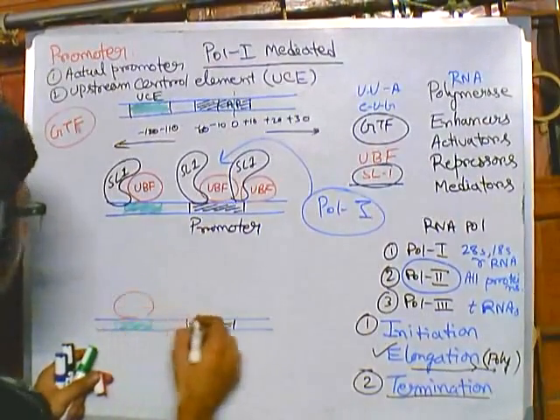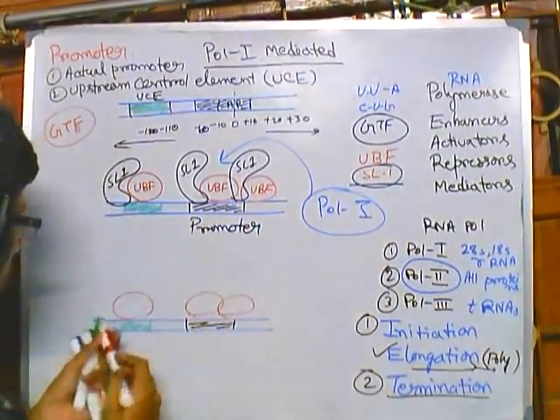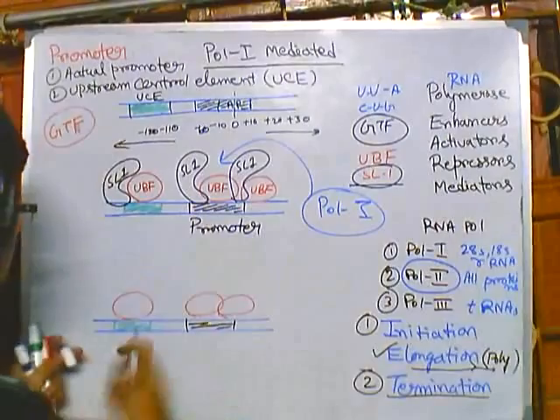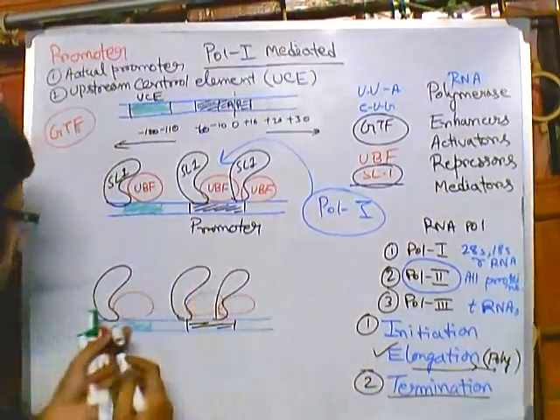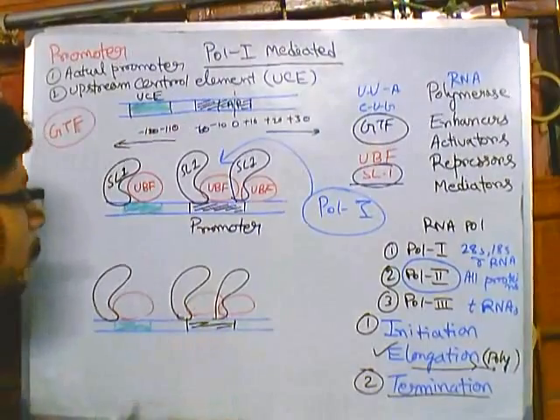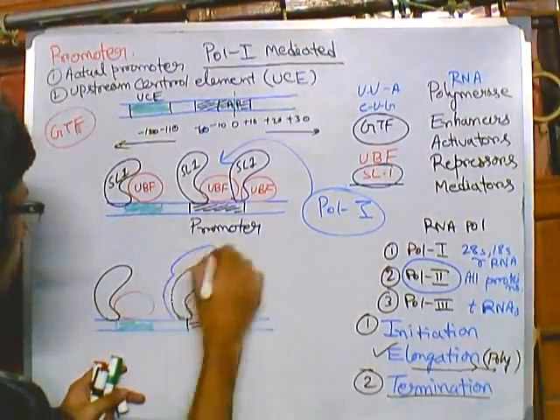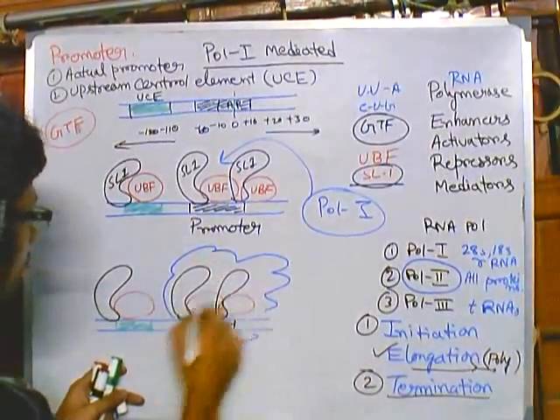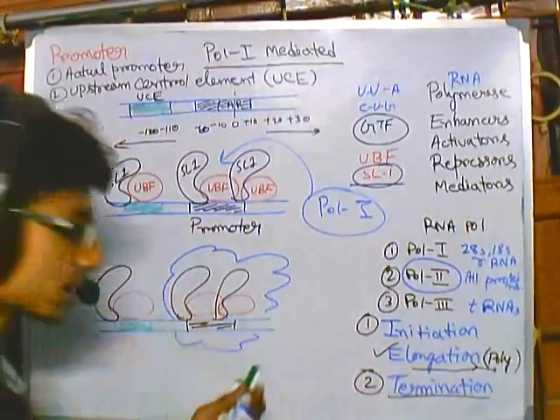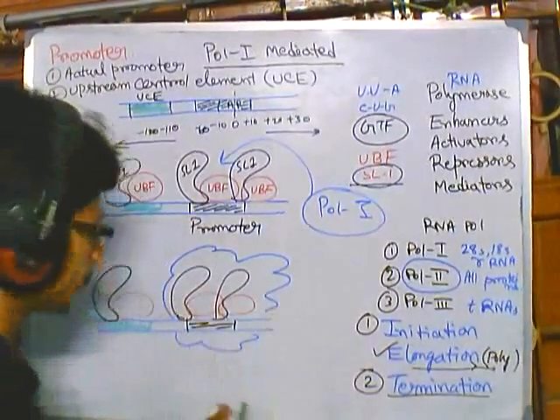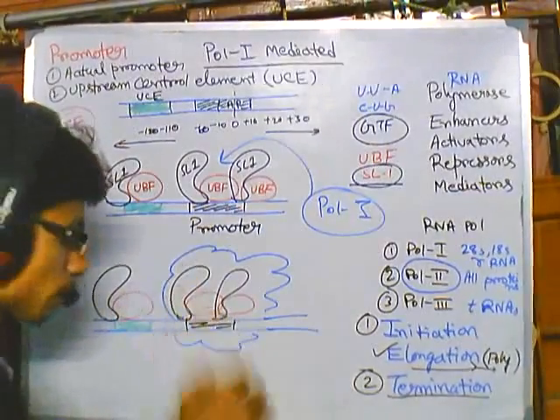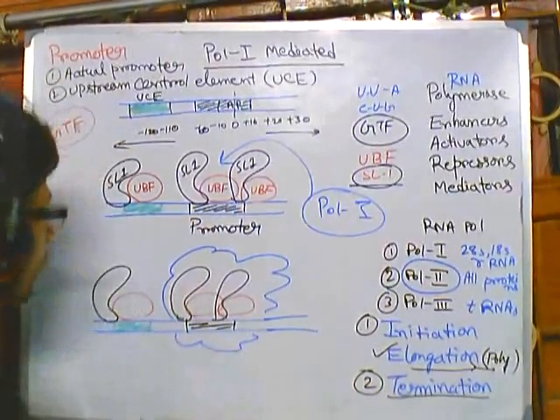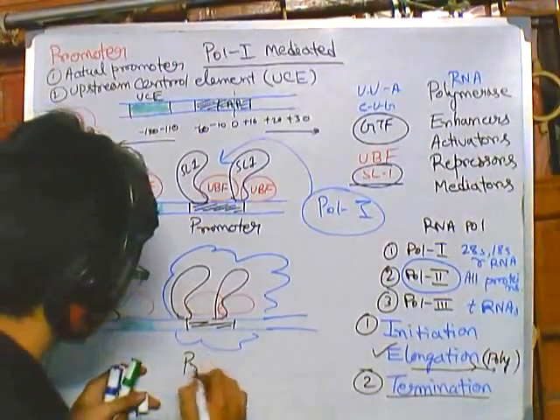Again, we have two UBFs here, and we are having the SL1s like that, and then this polymerase will come, and this large molecule is RNA polymerase. So it will bind with this promoter region. Remember, this is the promoter region.